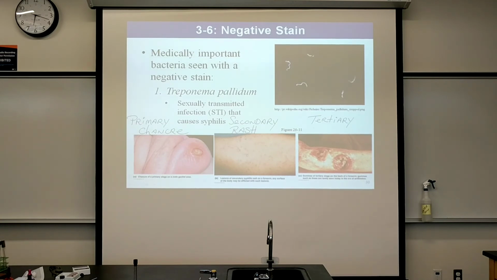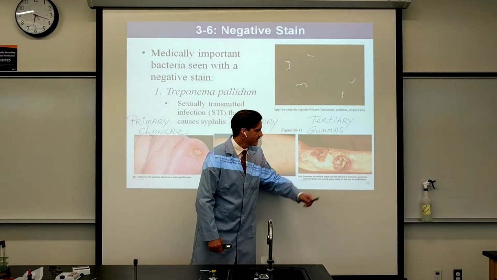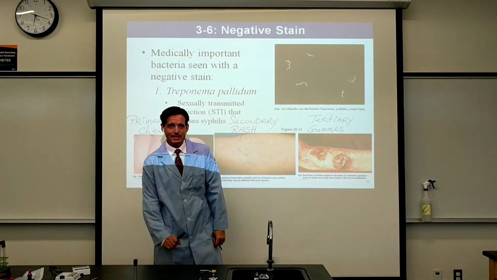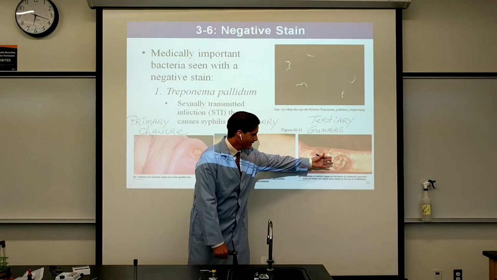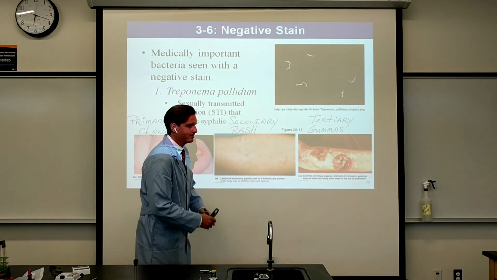By the way, the picture you're seeing are what are called gummas. G-U-M-M-A-S. And these gummas look almost like pepperoni pizza. That's awful. At this point, think about what's going on.